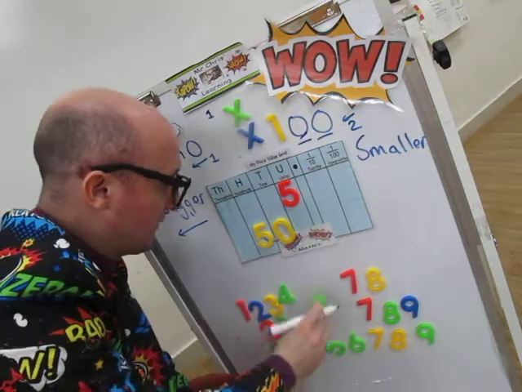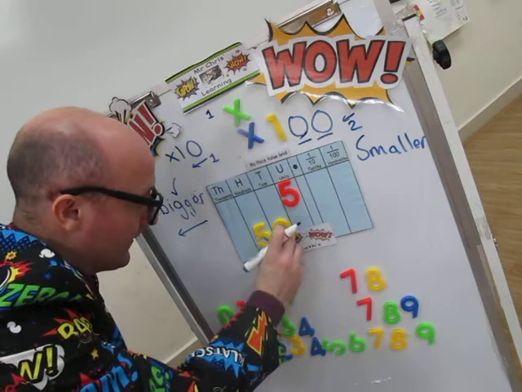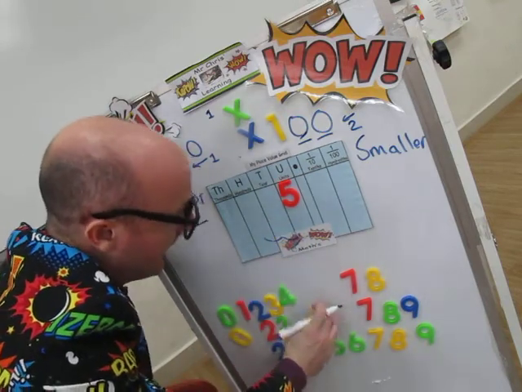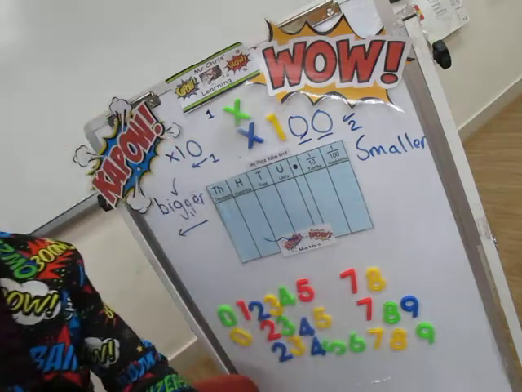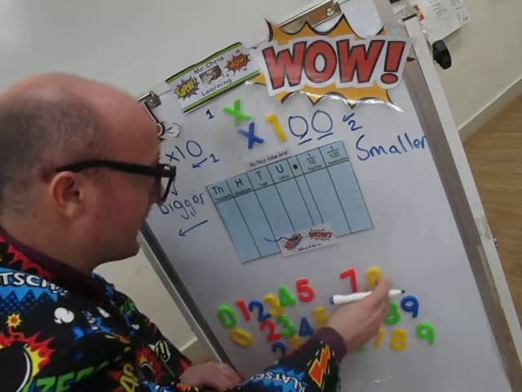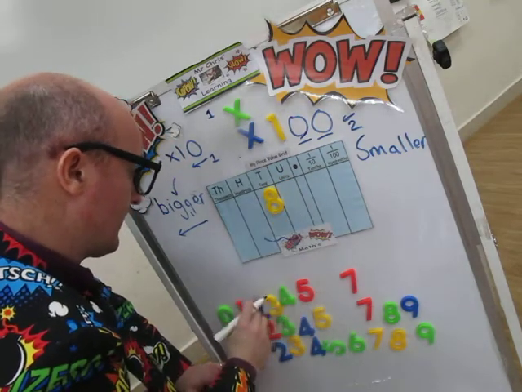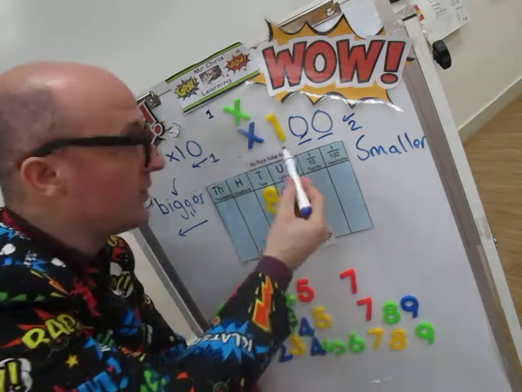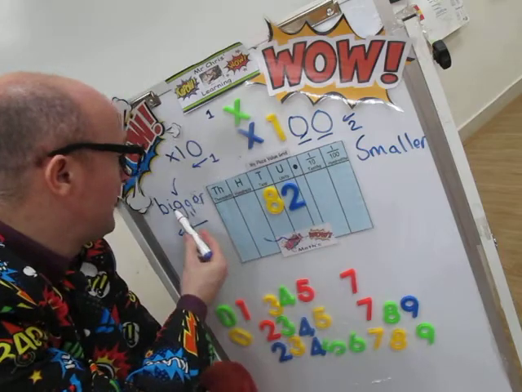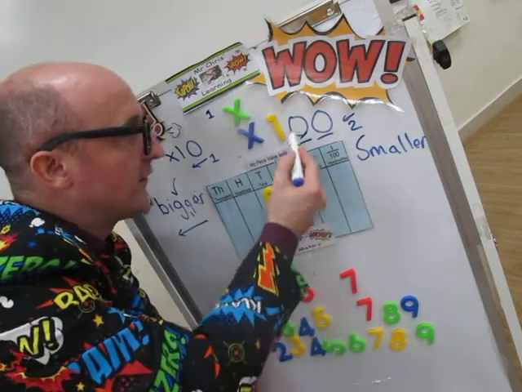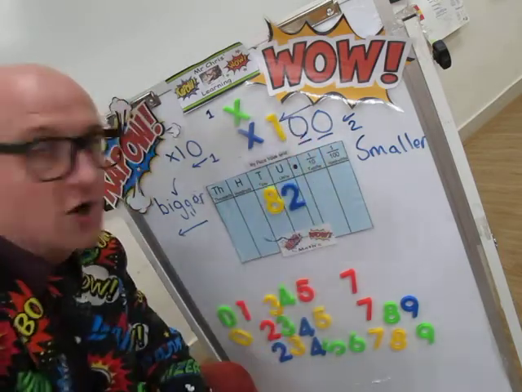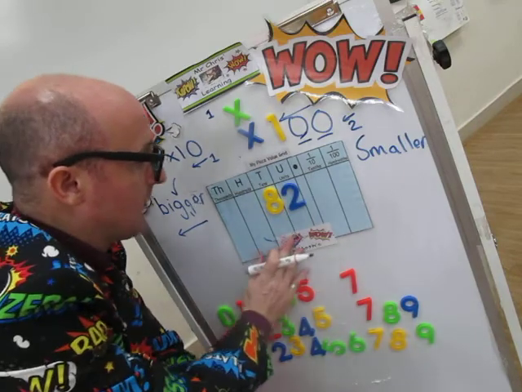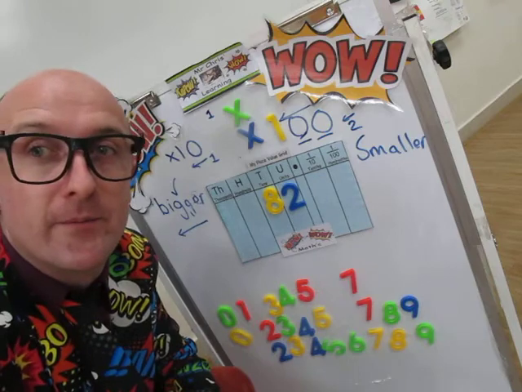Okay, well done. Let's have a go at some other ones. What happens if we have 82 times by 100? We've got 2 zeros, it's getting bigger, so we move it to the left. Go. 3, 2. What's your answer?